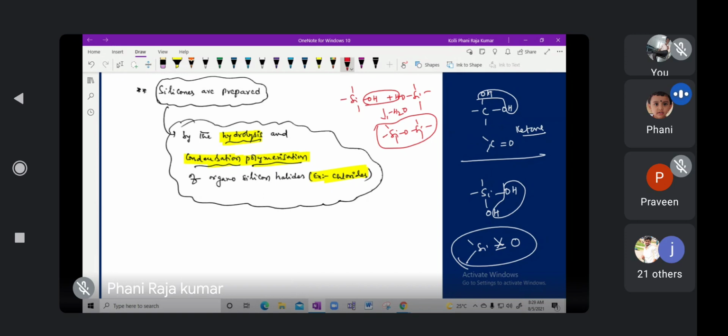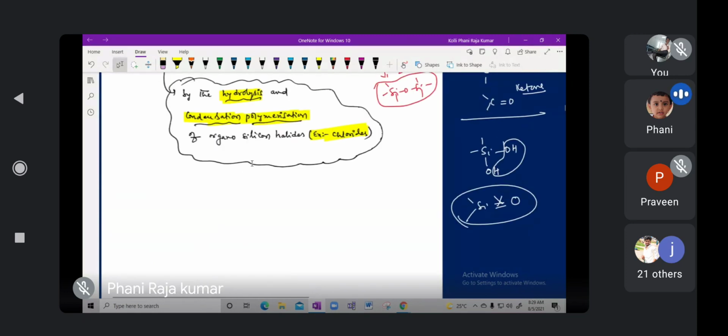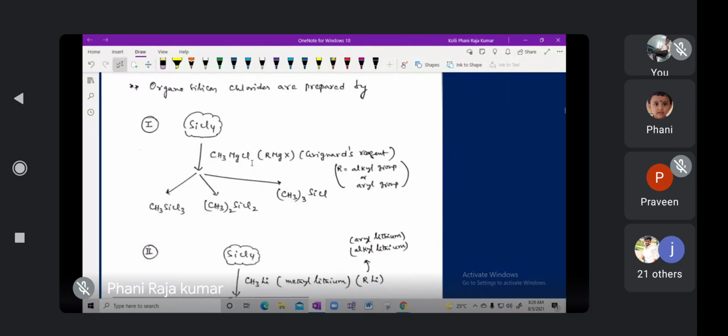So these silicones are prepared by the hydrolysis and condensation polymerization of organosilicon halides, mainly chlorides. So how can you prepare organosilicon halides? I mentioned here. Organosilicon chlorides are prepared by taking SiCl4, which reacts with the Grignard reagent, RMgX, where R is an alkyl or aryl group, but my discussion is limited to alkyl.